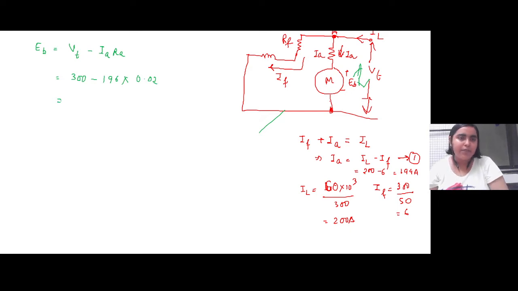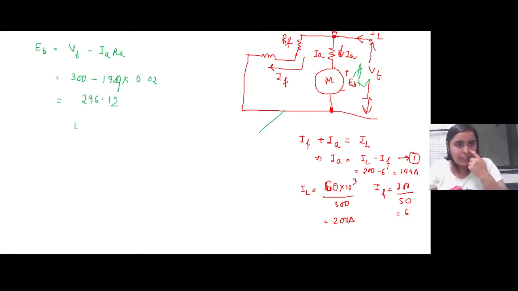So the back EMF that we get is 300 minus 194 into 0.02, which comes out to be 296.12.